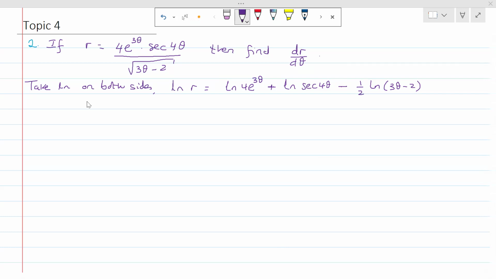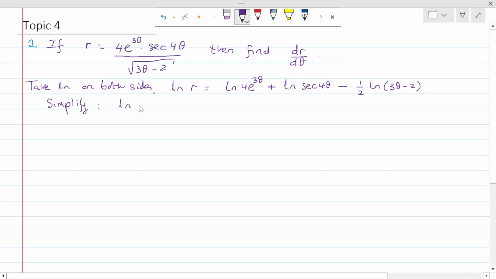So what happens here? I can further simplify. So ln r equals, now look at this. I can have ln 4, it's a multiplication, plus ln e^(3θ) plus ln sec 4θ, which remains the same, minus half ln (3θ minus 2).